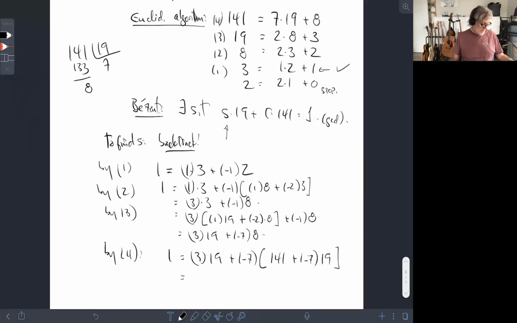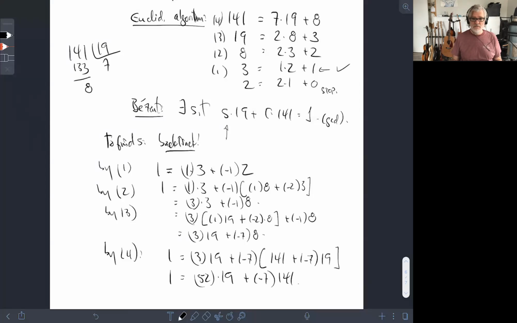So this is 52 times 19 plus minus 7. If somebody could just check that last line just to make sure it is correct. 52 times 19 minus 7 times 141.